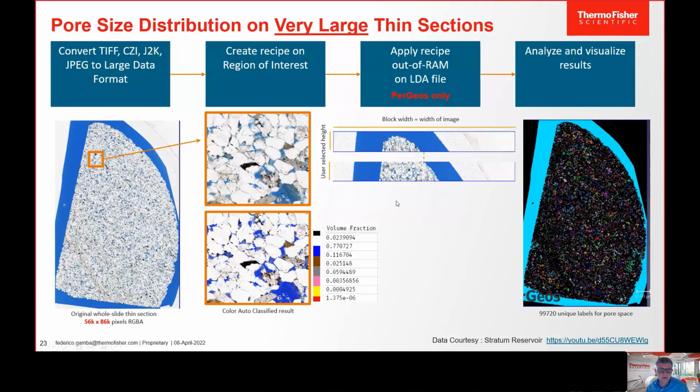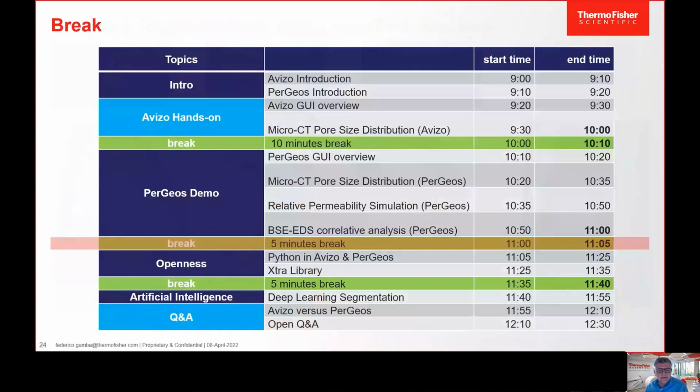RAM is not so expensive nowadays. So when a customer comes to me and says, I don't have enough RAM to do this workflow, I can answer, okay, PerGeos can do it, but I always say consider buying more RAM, because in the end you will be happier with more RAM. Well, anyway, that's it.